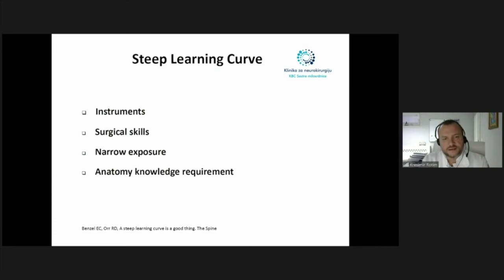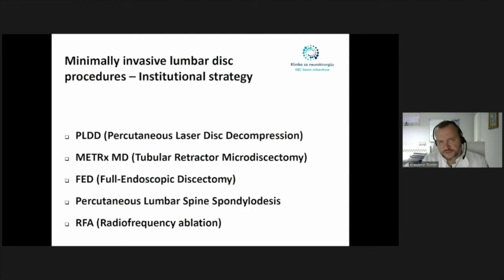Regarding those, one should have proper knowledge of the anatomy. Of course, those minimally invasive exposures are always narrower than the standard procedures, and with time the surgeon gets skills regarding the minimally invasive techniques.